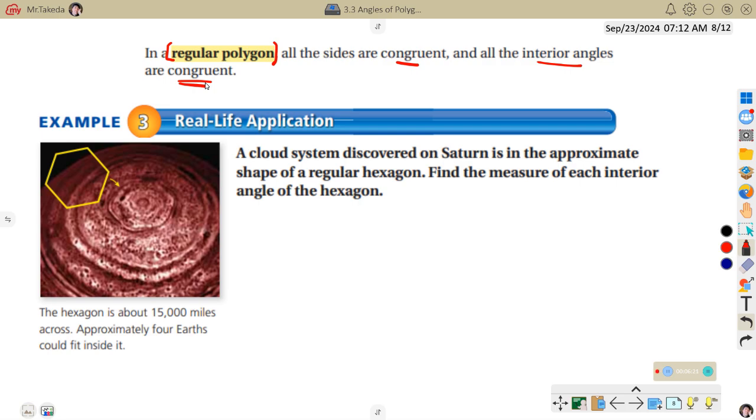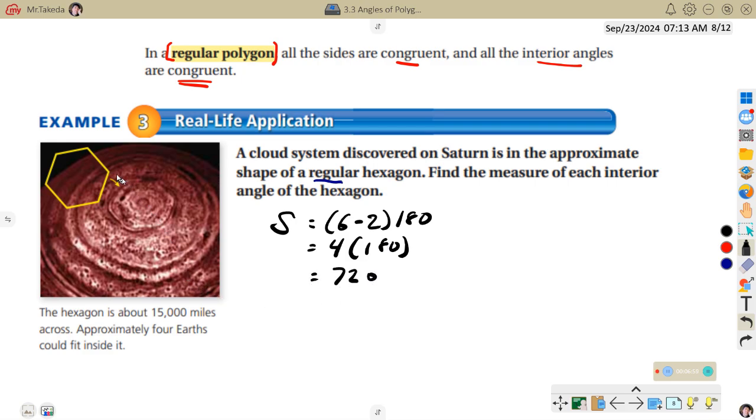Let's talk about this word problem here. A cloud system discovered on Saturn is the approximate shape of a regular hexagon. Okay, there's that word again, regular. Find the measure of each interior angle of the hexagon. First of all, we need to find out what the total angles are in a hexagon. That total would be 6 minus 2 times 180. So 4 times 180 is going to be 720.